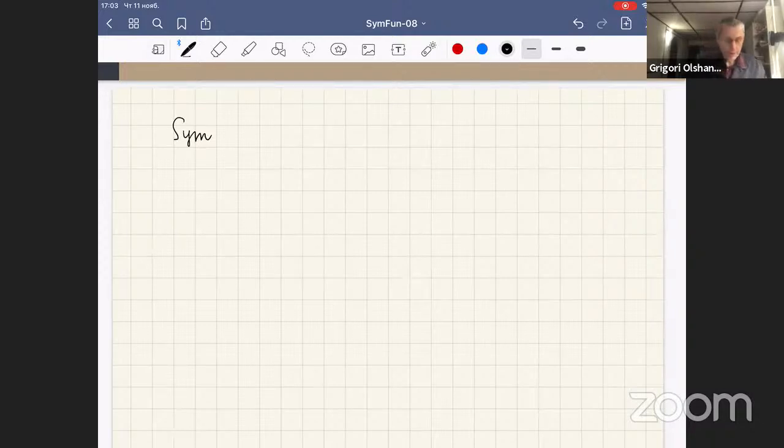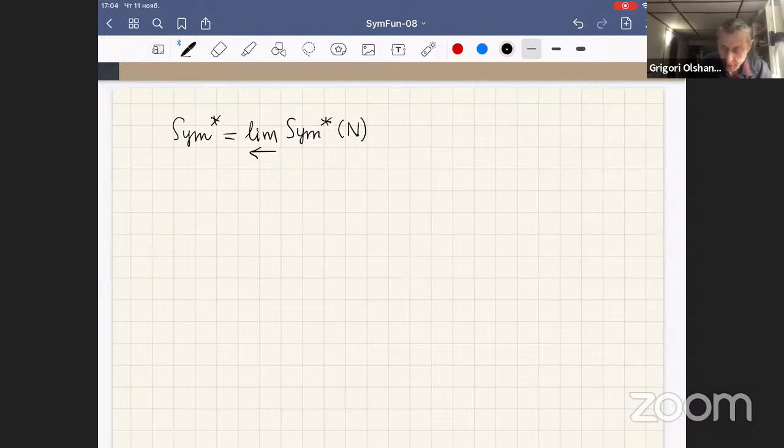Okay, so I repeat. I would like to start with the definition from the previous lecture, the algebra of shifted symmetric functions. So I recall the definition. It is a projective limit of the algebras of shifted symmetric polynomials in n variables.